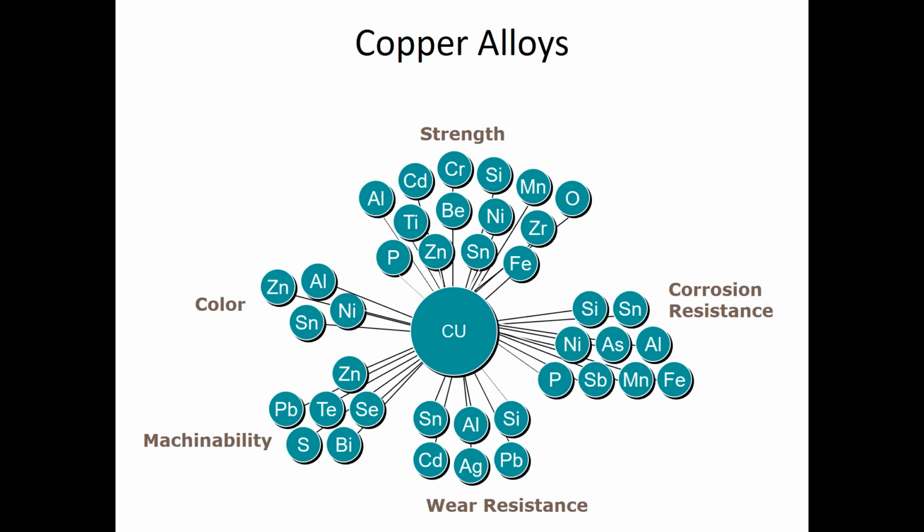Zinc, when added progressively, turns copper into a yellow gold color. Nickel, when added, starts with a small amount, it turns sort of pink, and then sort of a golden color, and then it's white. About 15% you get pure white.